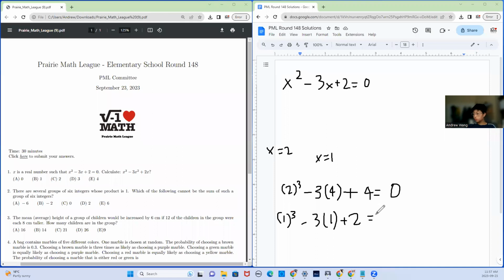Let's say 1 cubed is 1, minus 3 is negative 2, plus 2 will also equal 0. So when we calculate x cubed minus 3x squared plus 2x, no matter what x you plug in, you will always get 0. So the answer is A. Solutions, I'll write the solutions up here. So 1 is equal to A.